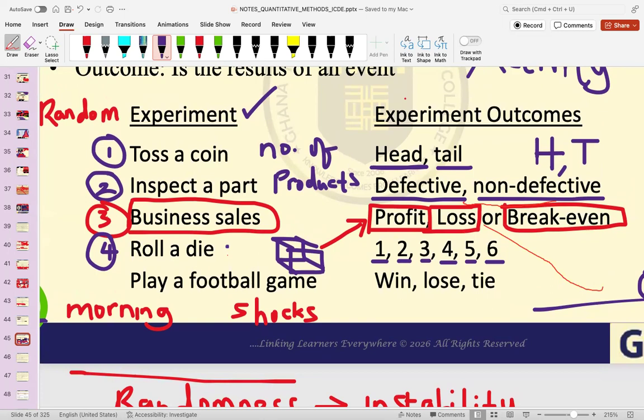The last one I want to give you, which those of you who like soccer or playing of football is a random experiment. Why? With all the players you may have, with all the hope you have, there are 3 things that can happen in football, no matter how big you are as a club.